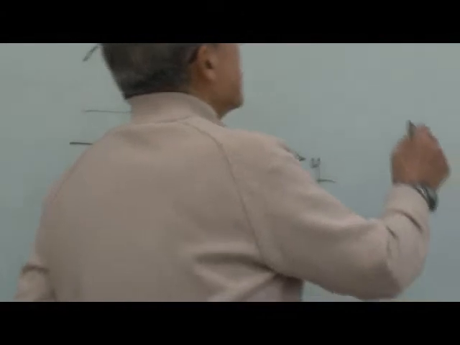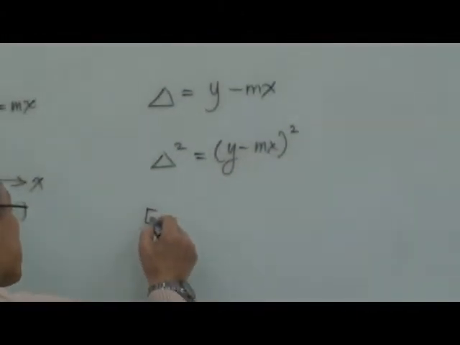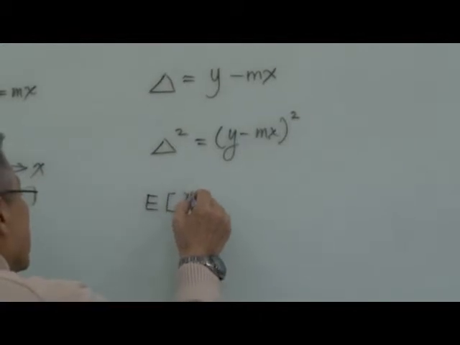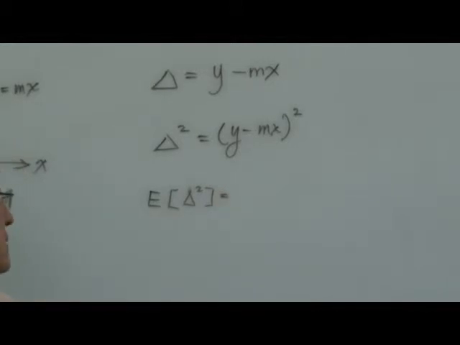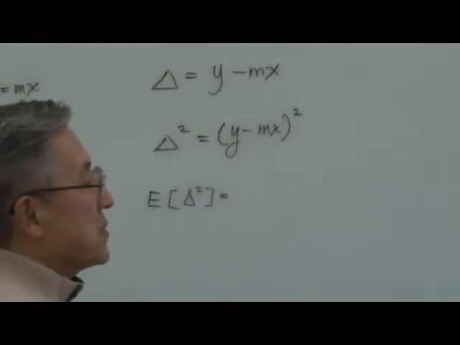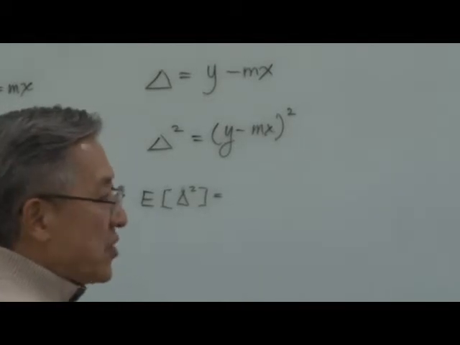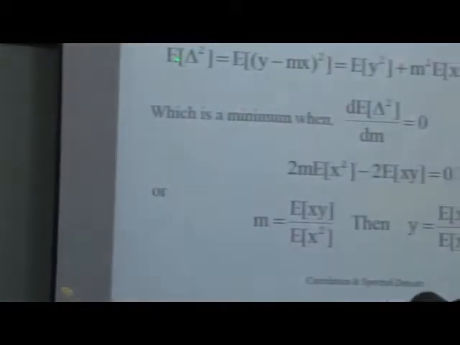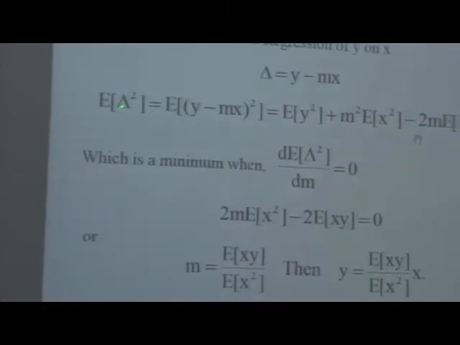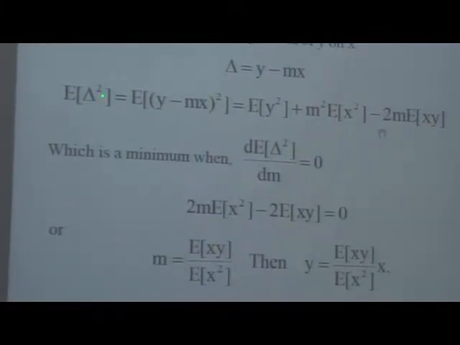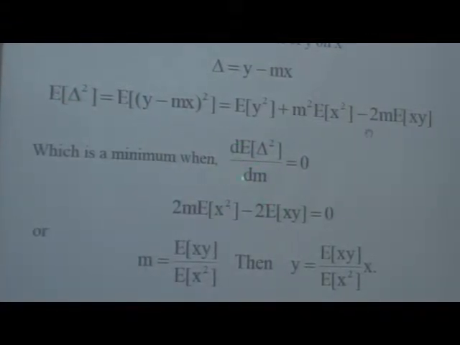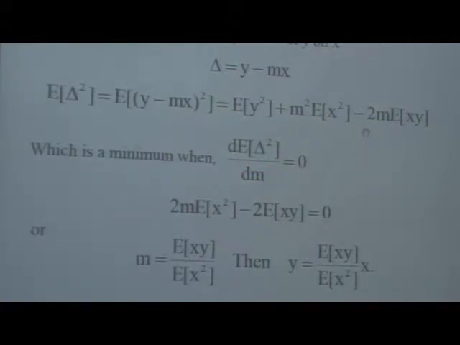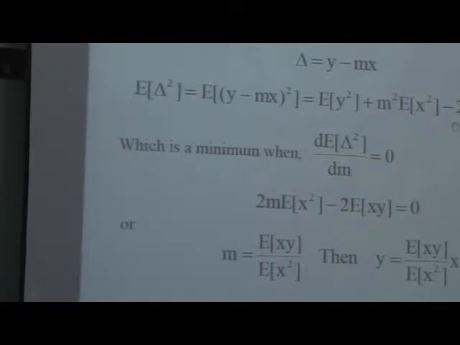Okay, so I'm going to take the expected value of delta square. That's what I'm doing right up here. Then the idea is take a derivative of expected value of the delta square, discrepancy square, then take a derivative with respect to m, set equal to 0 to minimize, totally minimize the deviations.